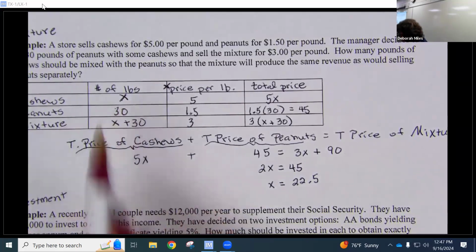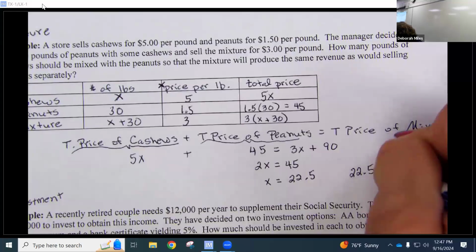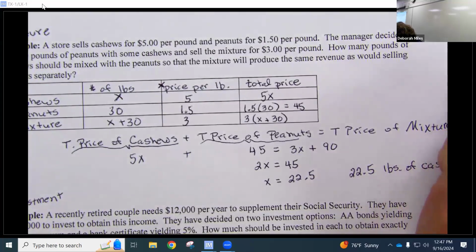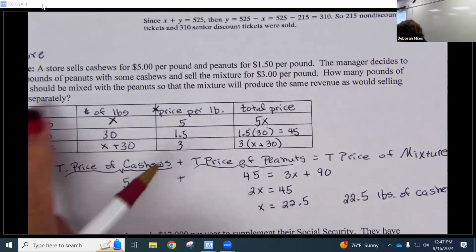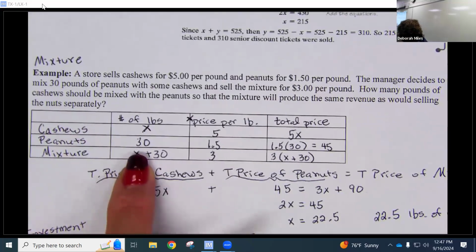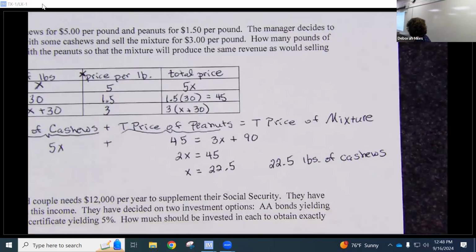Pounds of cashews, so 22.5 pounds of cashews. We were only asked for the amount of cashews. We already knew the amount of peanuts. So we're through. 22.5 pounds of cashews.